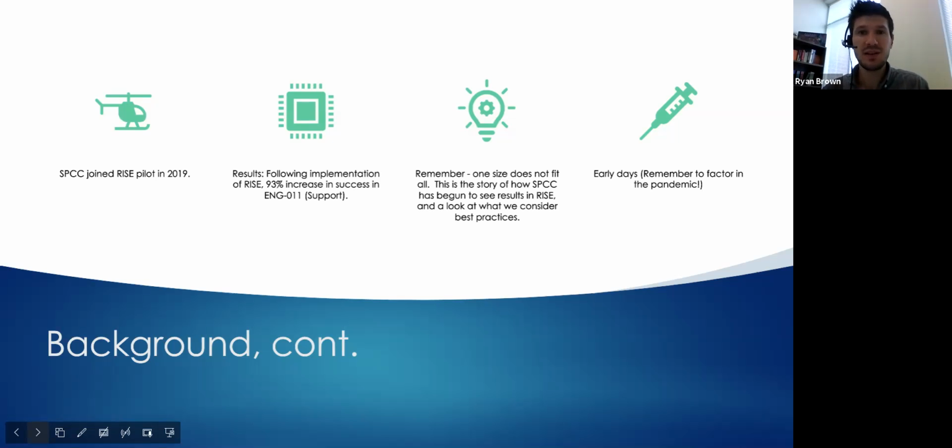And one of the basic tenets of our approach, and which can contribute to the success of the students, is that one size does not fit all. We have this saying at South Piedmont Community College that we need to meet students where they are.